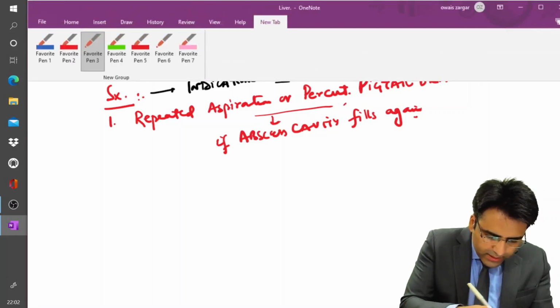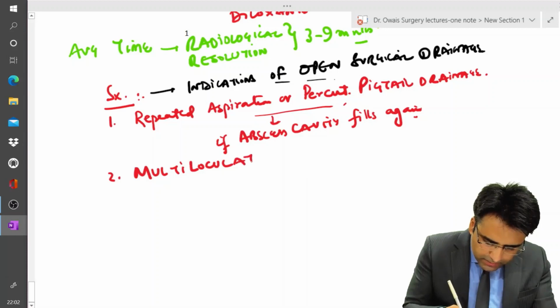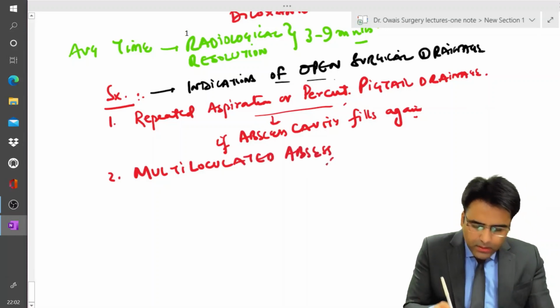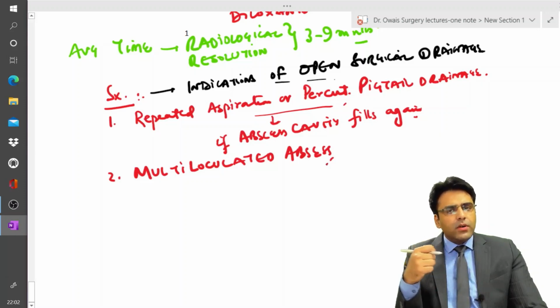Now, what is the second indication? If there is a multiloculated abscess, because these multiloculated abscesses contain thick pus, it will be very difficult to aspirate them or to evacuate them with the help of a pigtail drainage.